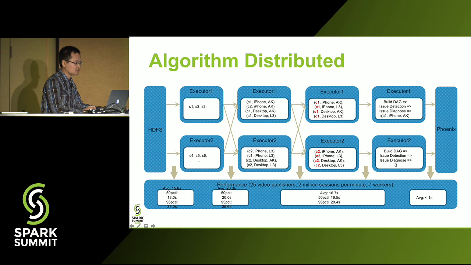And after this, we build a diagnosis graph for each video publisher in each executor and run the issue detection and the diagnosis algorithm, and then persist the root cause into our database. So the whole algorithm is wrapped into a simple map function with all the complicated logic wrapped inside, like build graph and issue detection and the diagnosis.